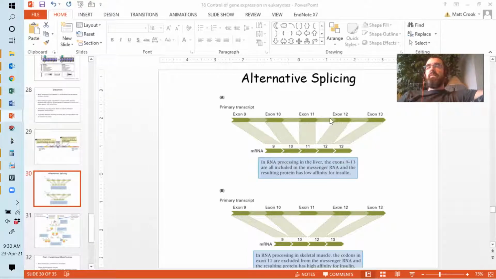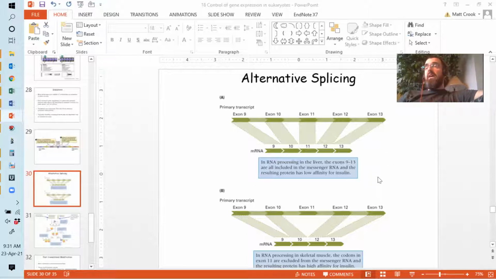So all the introns are spliced out and you have all the exons in order, the resulting protein has a relatively low affinity for insulin, right? That may be because insulin levels are very high, and so you don't want to respond vigorously when there's a lot of insulin around, right? You want to be able to be somewhat insensitive to it.